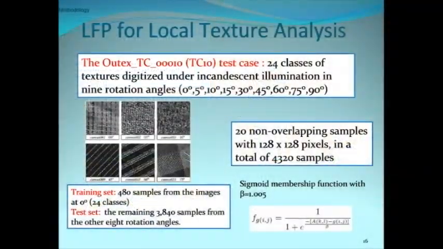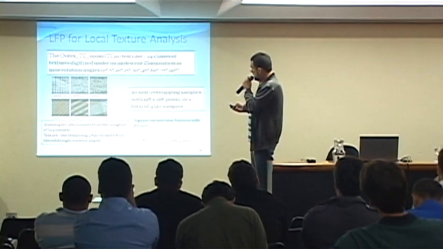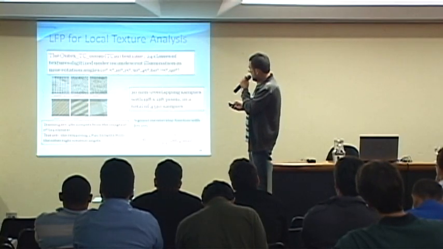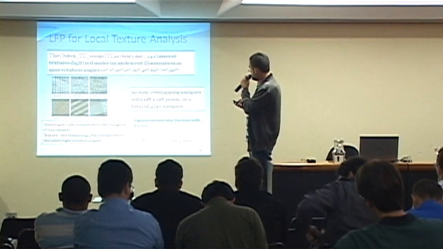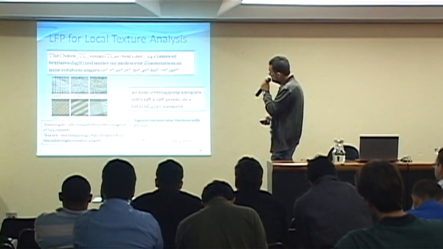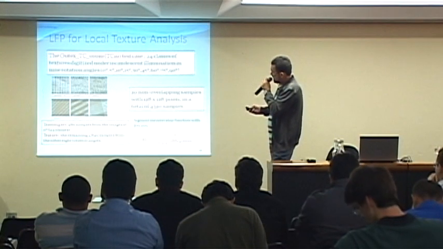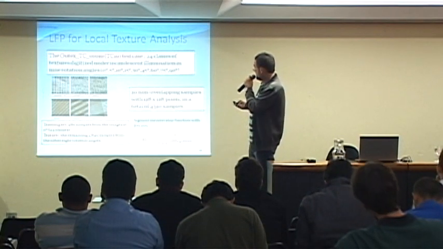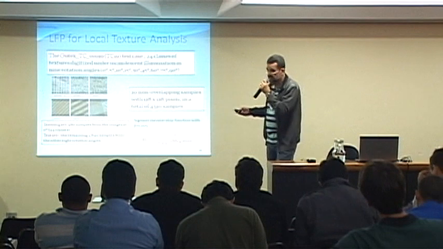And using the same beta and the same function, we took the Outex TC10 test case, 24 classes of texture digitized under incandescent illumination and 9 rotation angles.